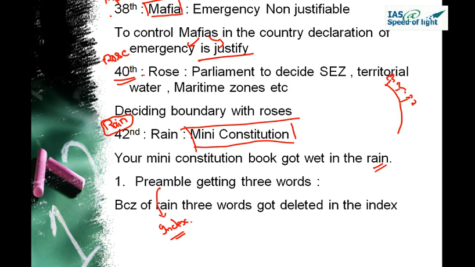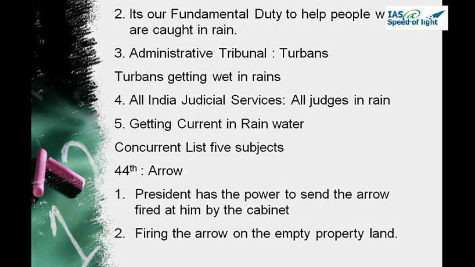So what happened once you took this mini constitution book outside in the rain? Rainwater peeped into it, and first is the index or the preamble, and 3 words got added. And what we want to remember here is 3 words got added in the preamble during rain. Now that is the 42nd Amendment Act.